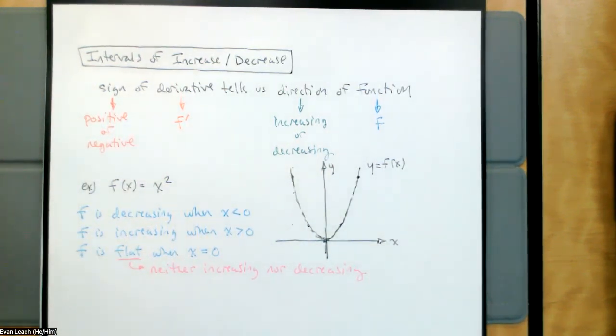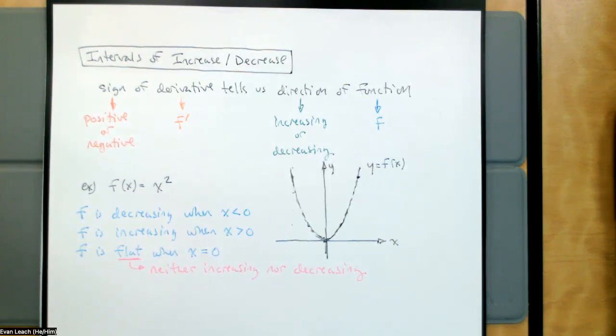In this case, we can see that the function is changing direction at 0. But we don't just want to say it that way. We want to indicate that it's flat. It might not be changing direction. Just because a function is flat doesn't mean it's changing direction. In this case, it did. That's not always the case. We can't read that the other direction.